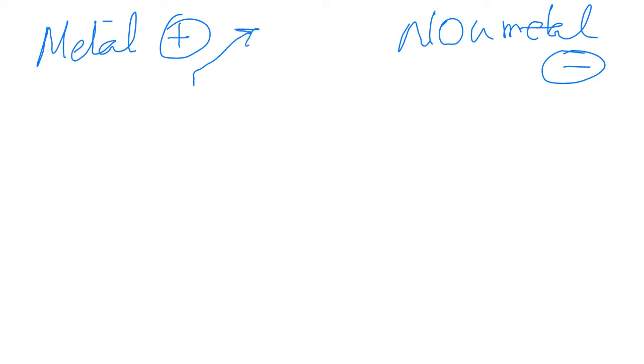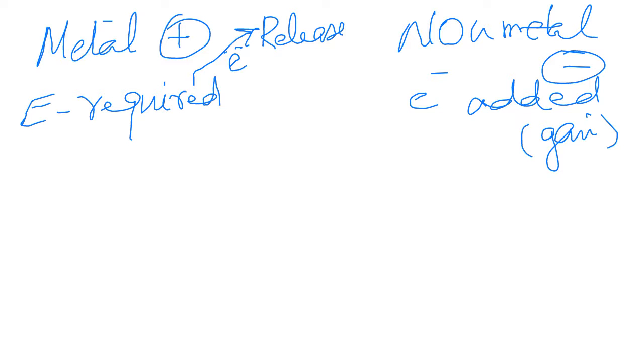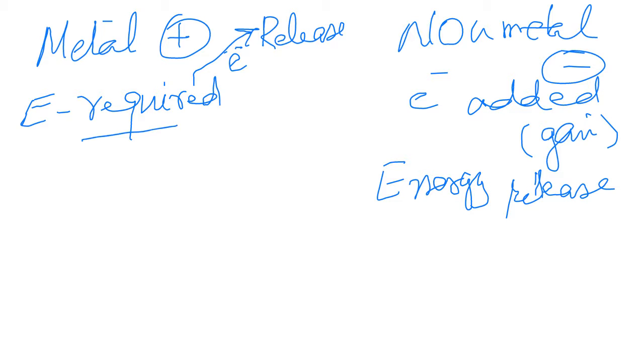Metals always release electrons; non-metals always gain electrons. Here energy is required to release the electron. Here energy is released when you add the electron. This is the difference between metal and non-metal.